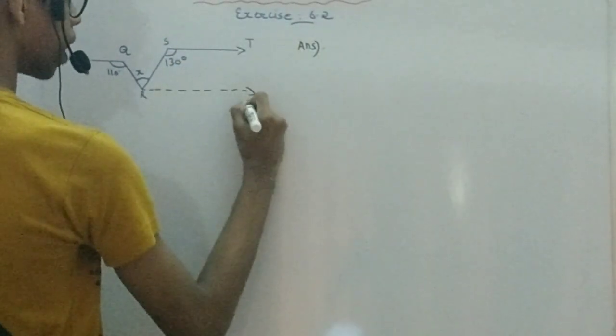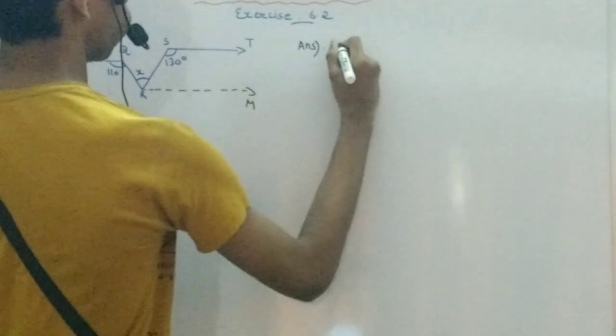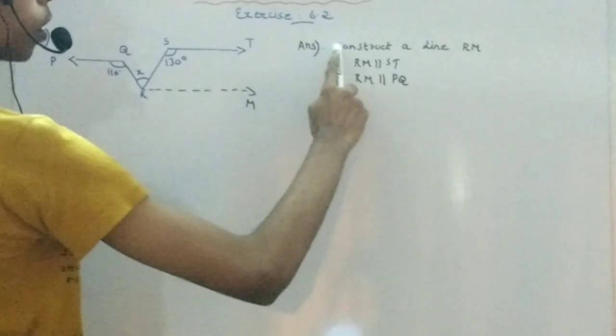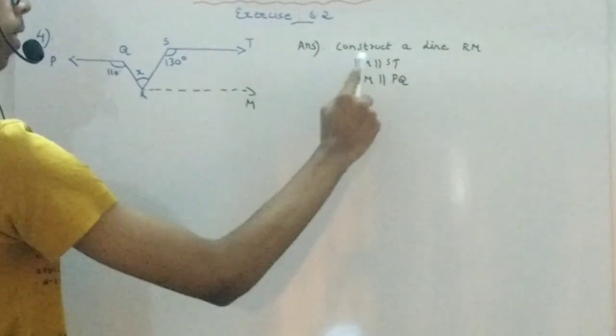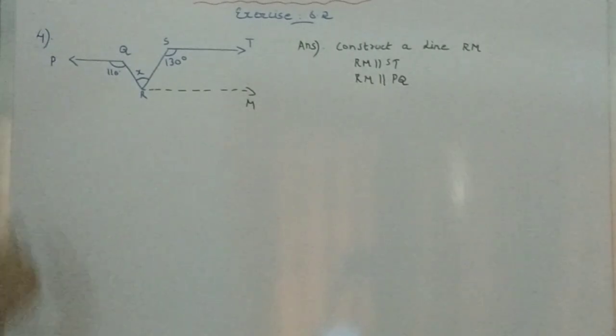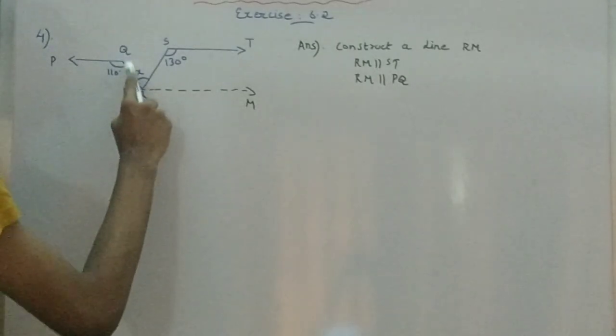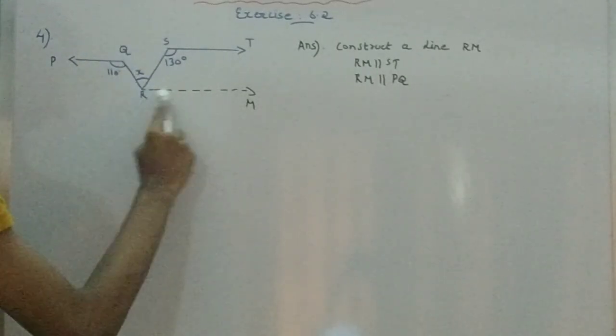Let me name it as M over here. So we have to construct a line RM such that RM is parallel to ST and RM is parallel to PQ. Okay, now if you see over here, this angle PQR and this full angle QRL.